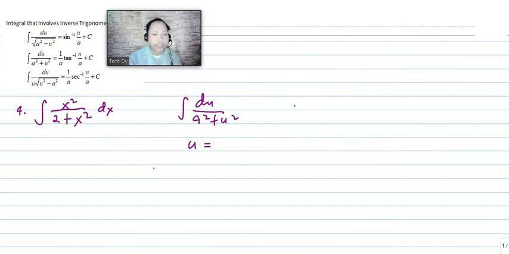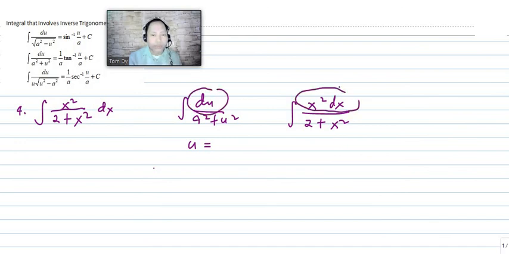I will write it here. Integral of x squared dx over 2 plus x squared. This is 2 plus x squared, this is a squared plus u squared. So our target du is supposed to be this one. If we use directly this formula, with x squared dx, we will check our u.